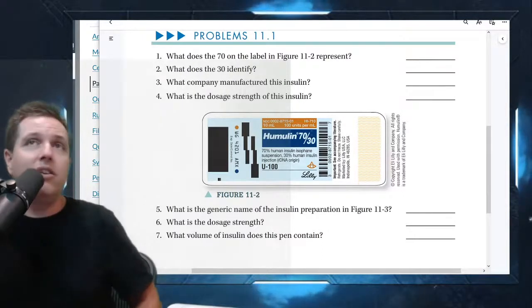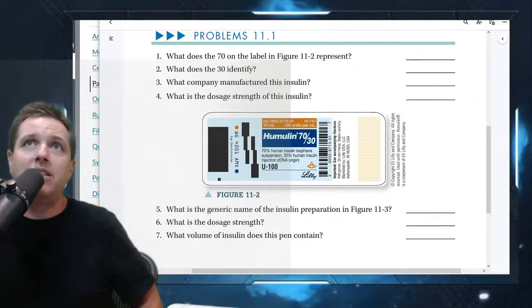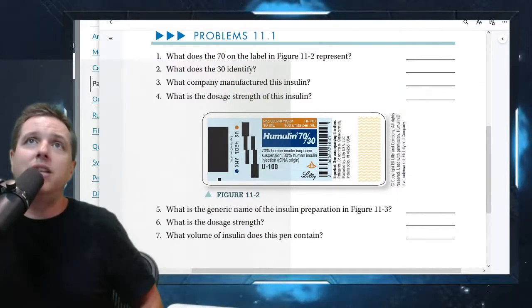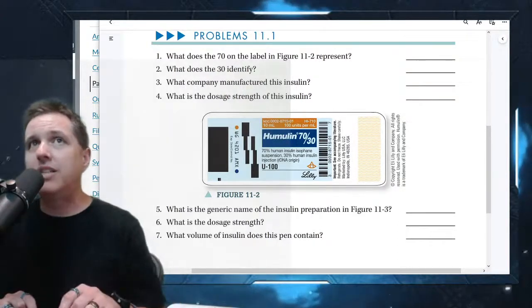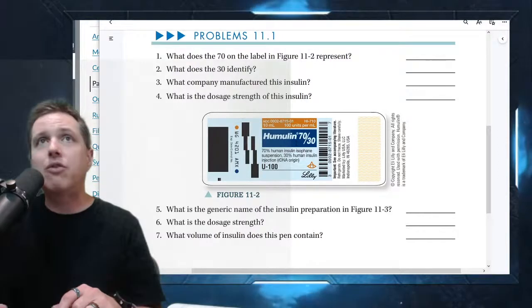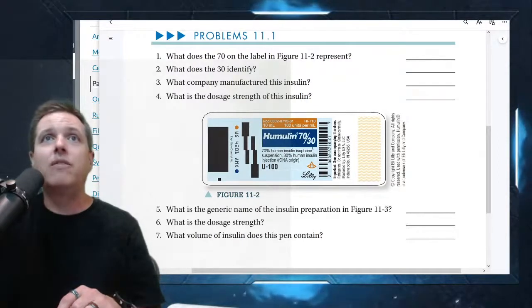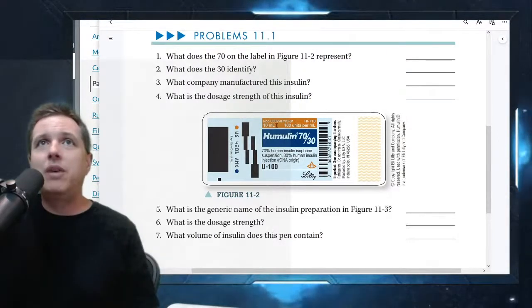But you can see here's an example on the label where we've got 70-30. So it says 70% human insulin isophane suspension, 30% human insulin injection, rDNA origin. So it's telling you what the mixture of this particular insulin is. So whatever's prescribed, you can go, oh yep, here's the right thing, right? So all that same information, you've got 10 milliliters for the whole package.